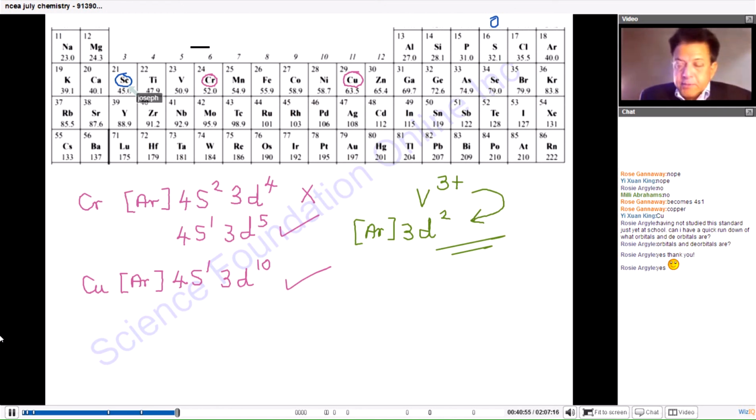And then say the combined effect of greater distance and increased shielding more than offsets the greater nuclear charge and makes scandium less electronegative than oxygen.